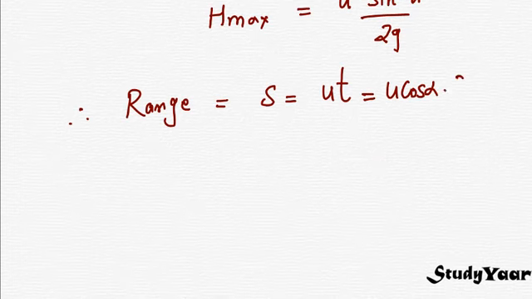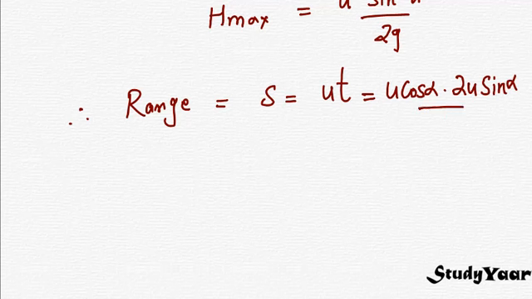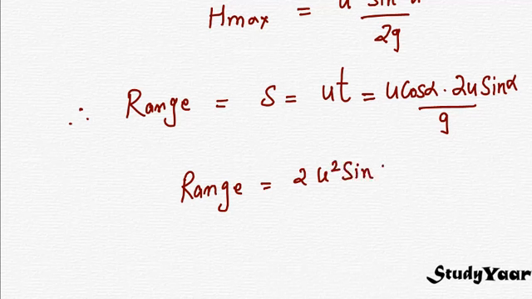So I am going to have 2u sine alpha upon g. So I get my range as 2u square sine alpha cos alpha by g.